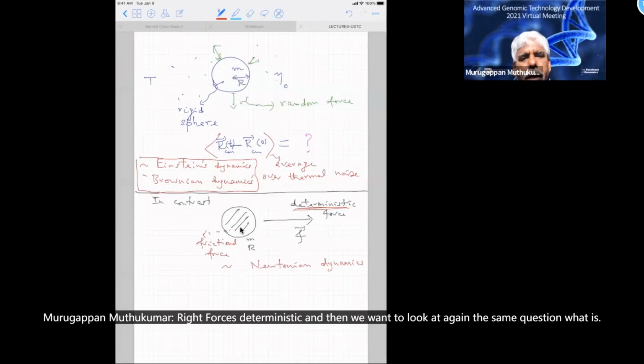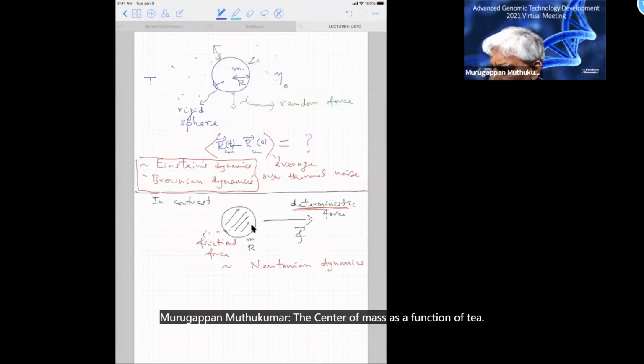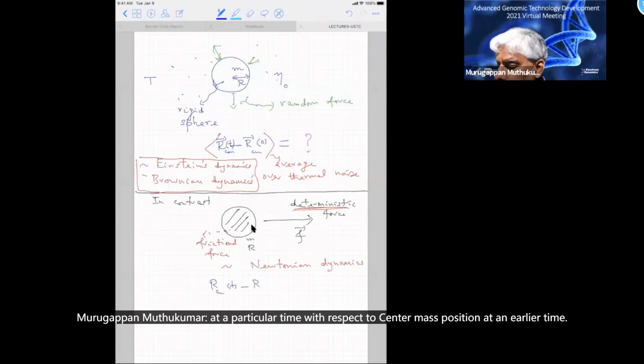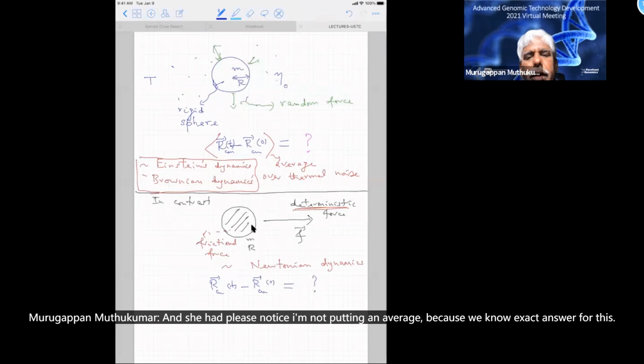And then we want to look at, again, the same question. What is the center of mass as a function of t at a particular time with respect to center of mass position at an earlier time? What is this? And here, please notice, I'm not putting an average because we know the exact answer for this.